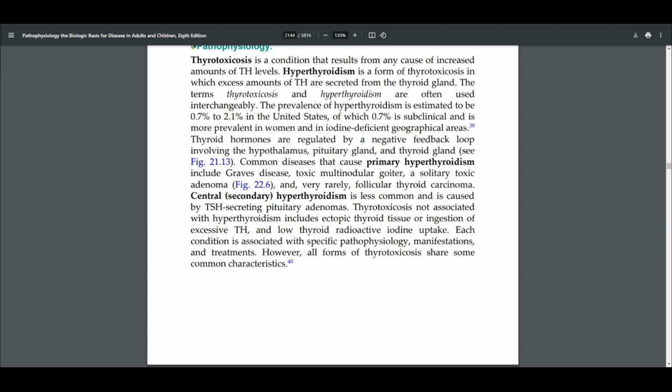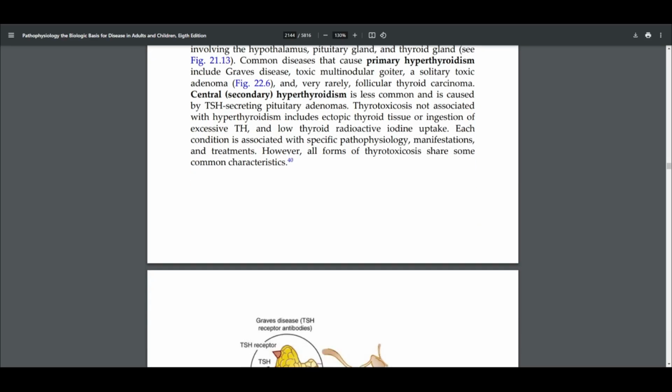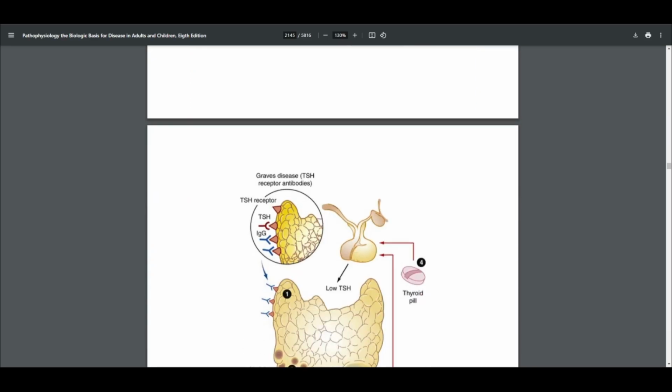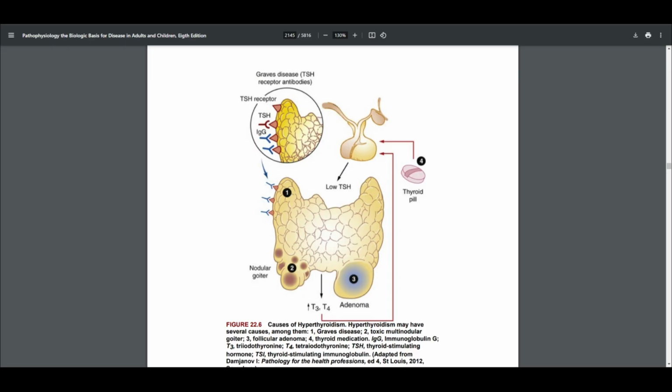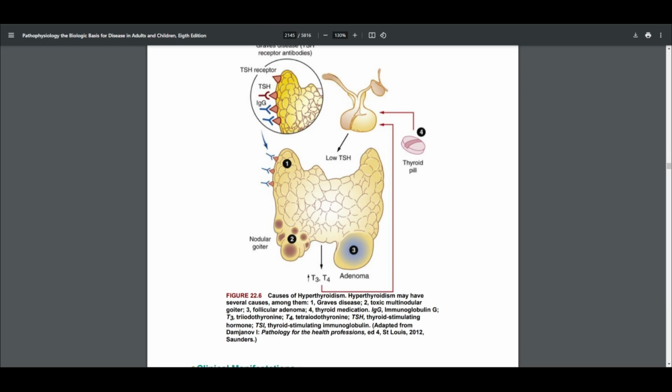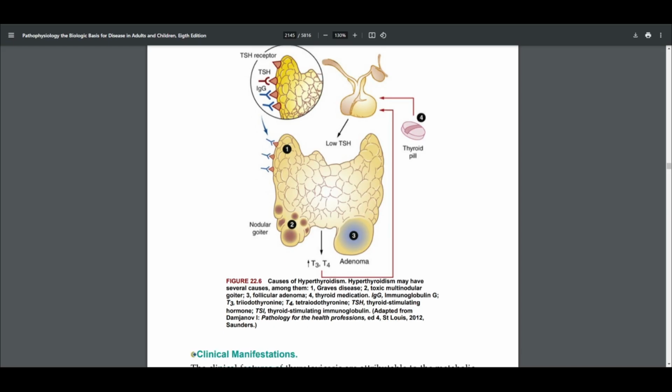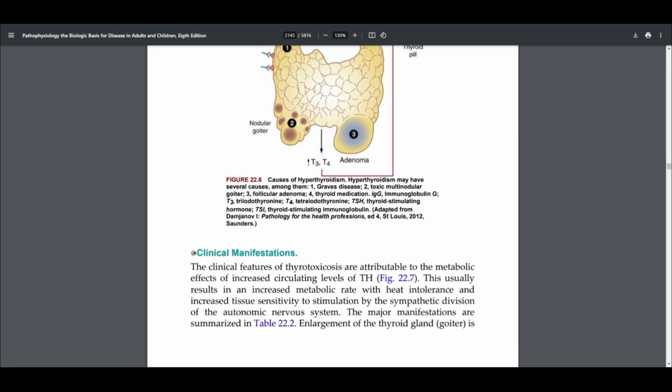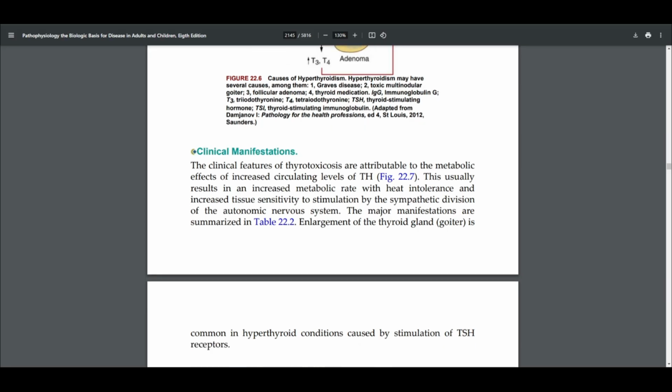However, all forms of thyrotoxicosis share some common characteristics. So here's a picture of Graves' disease, your TSH receptor antibodies. So what kind of clinical manifestations do we see?